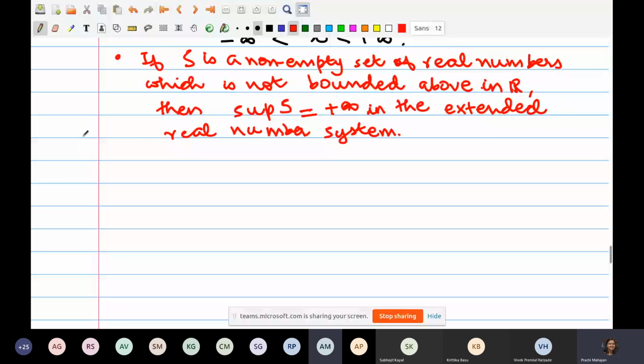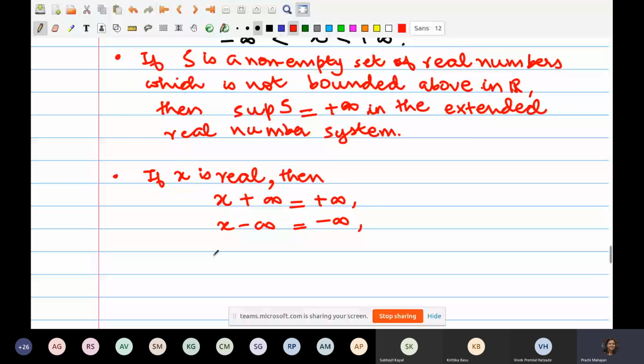And some more conventions before we make any other progress. So again, these are conventions. If x belongs to the set of real numbers, then x plus this is said to be this, x minus this is said to be this, and x divided by positive infinity is said to be 0, and so is x divided by negative infinity.